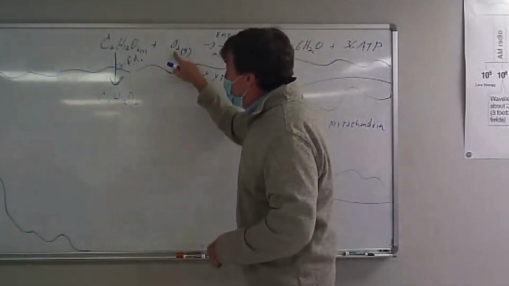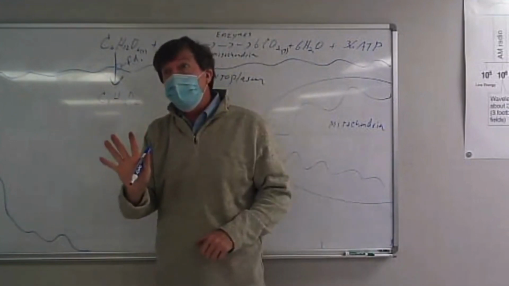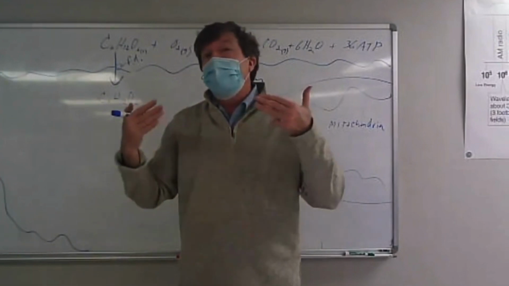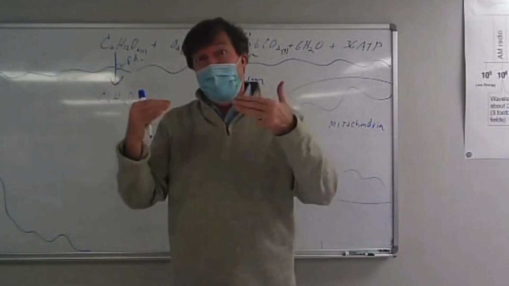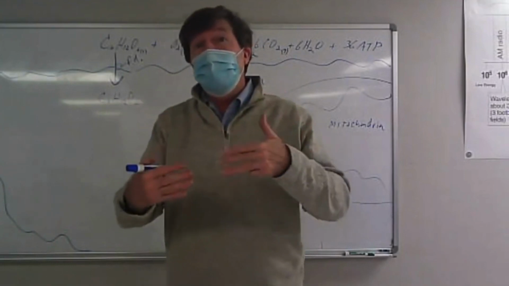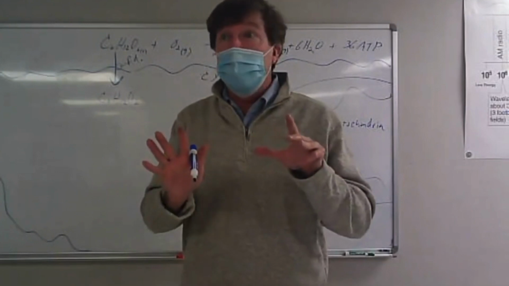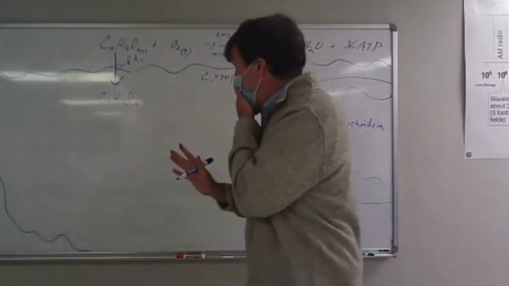Now, oxygen is going to come in also, but this first stage of cellular respiration is the anaerobic stage. It's called glycolysis, and glycolysis does not involve oxygen. So we're not going to talk about oxygen for the time being here, all right?